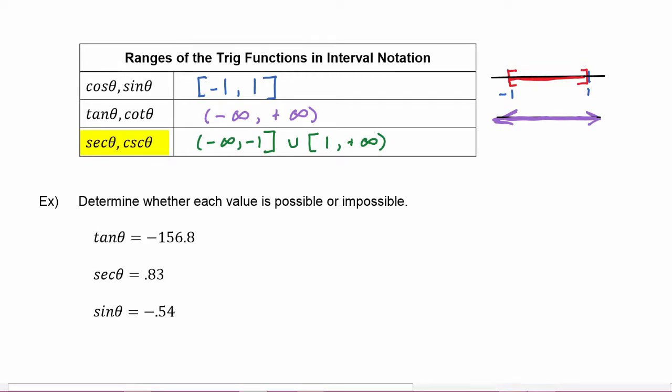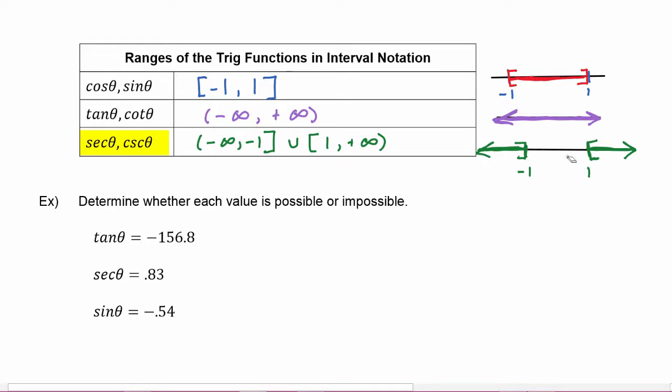Now if we looked at that on a number line, we would have -1 here, +1 here, and this piece of the graph from negative infinity to -1 would be going here forever that way, and then this piece of the graph would go starting at 1 and go forever to positive infinity.